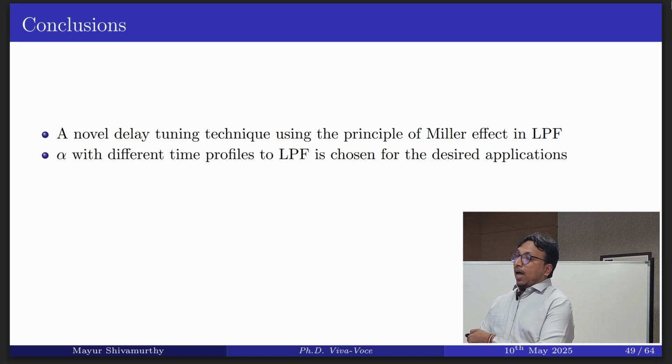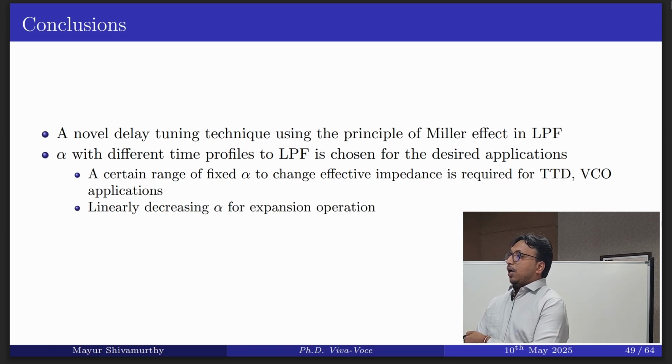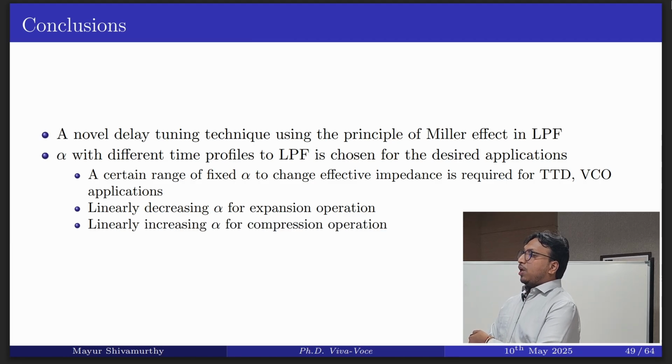Basically alpha with different time profiles to a low pass filter is used for the desired application. If alpha is a fixed DC within a certain range, the variable low pass filter will be used in realization of TTD and VCO applications. If alpha is linearly decreasing, it can be used in an expansion operation, and if alpha is increasing linearly, it would lead to a compression.